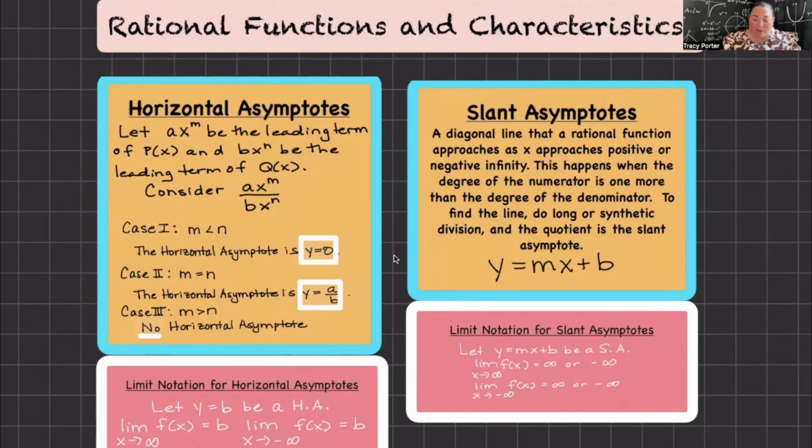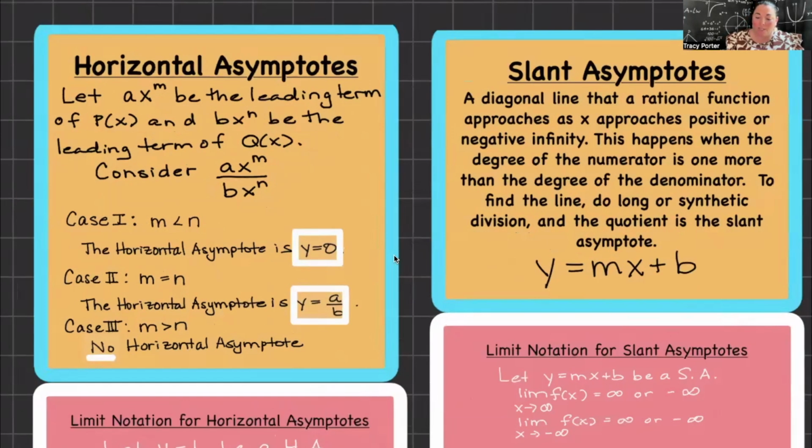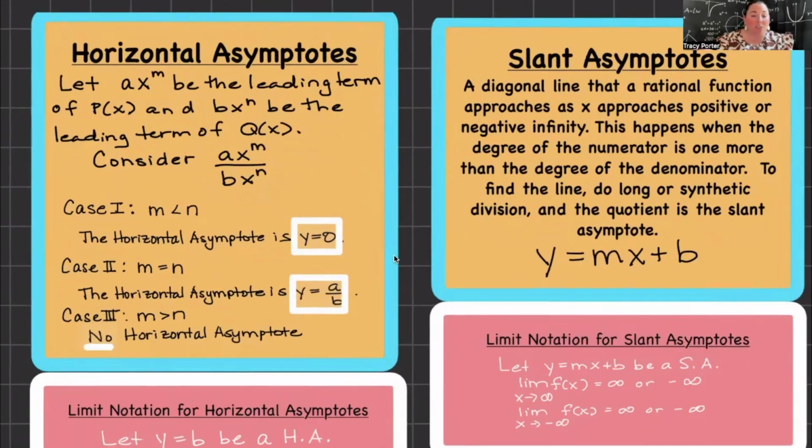We already know the definition of a rational function from a previous video. It just looks like a fraction, so you have a polynomial in the numerator and denominator. Now looking at the leading terms of both: we're going to say ax^m is the leading term of the numerator, p(x), and bx^n is the leading term of the denominator, q(x).